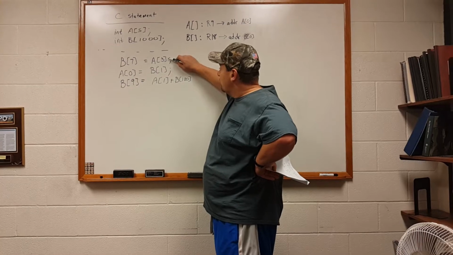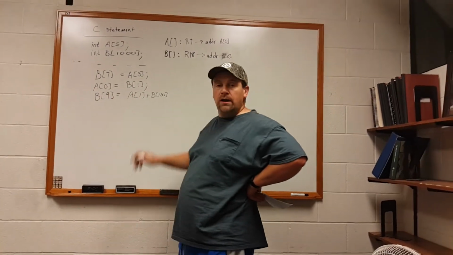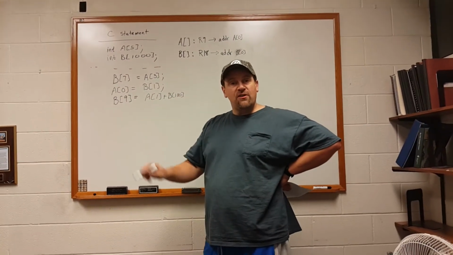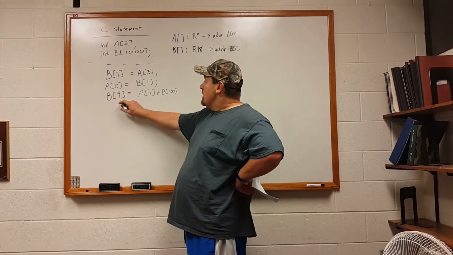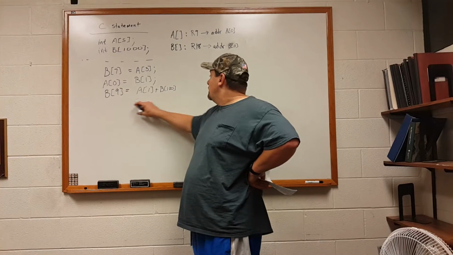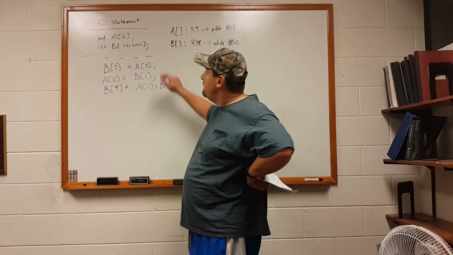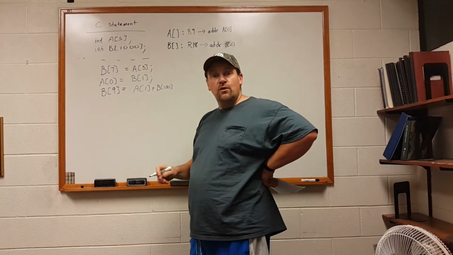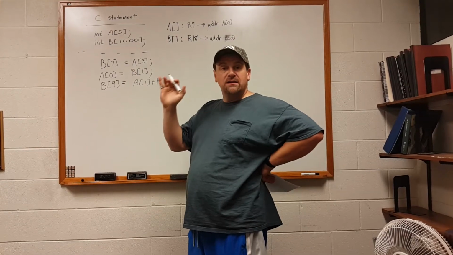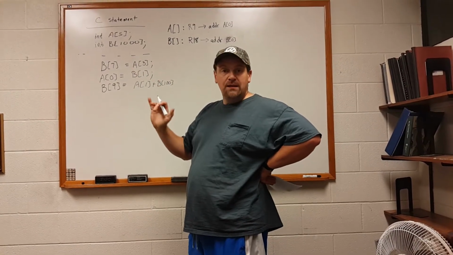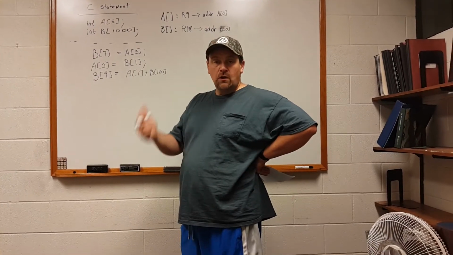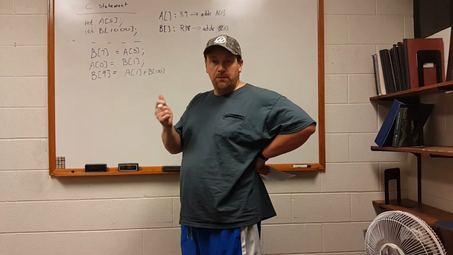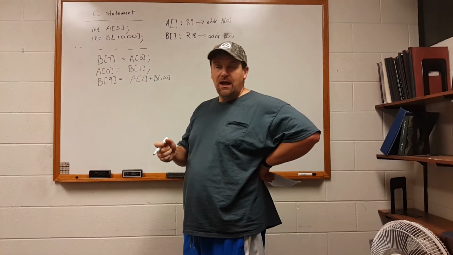So notice A3, A0, A1, we are all still within that 5 int range. But B is much larger. So I can say B of 100 because B has 1,000 elements. Were I to say B[1000], it would be a memory fault because we start at 0 and the largest reference we can have to B is B of 999.